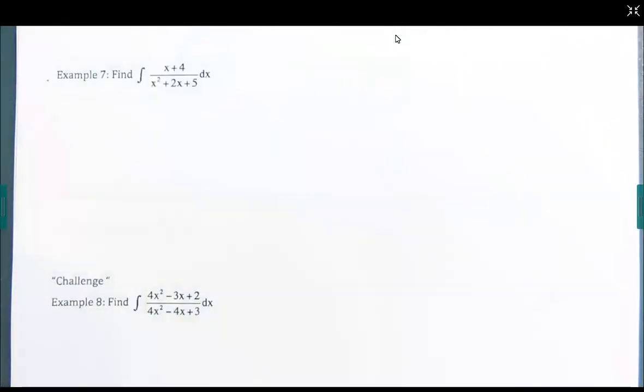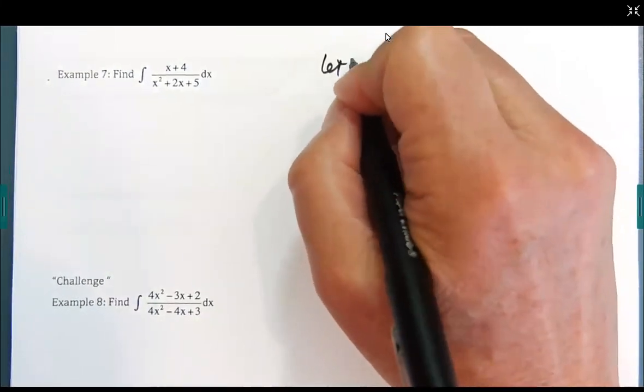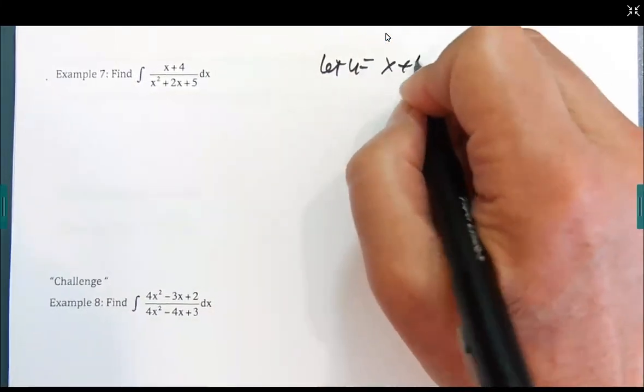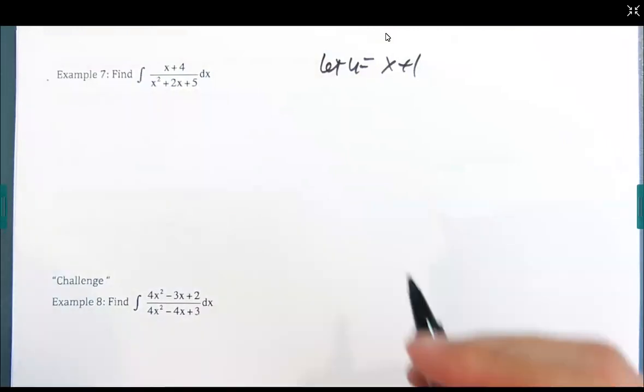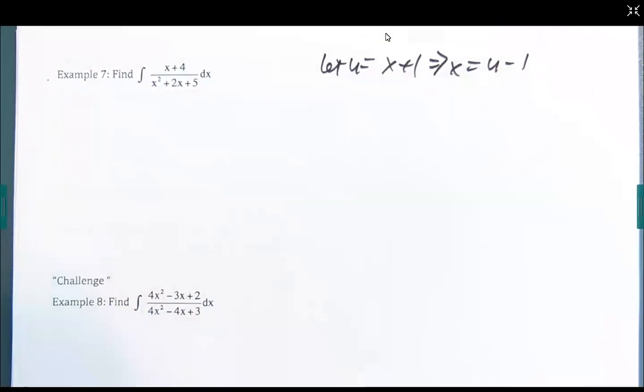So let's break that down. All right, so I'm going to let u equal x plus 1, which implies, by the way, that x is equal to u minus 1.